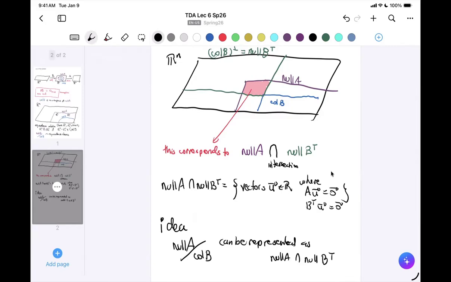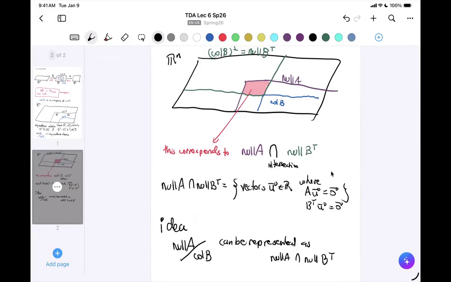Just to recap, because this is a little bit abstract, it's probably the most abstract we'll get in this class. We just have to get the machinery in place and then we can start doing computations. The column space sits inside the null space.